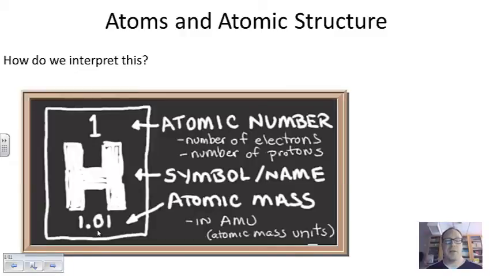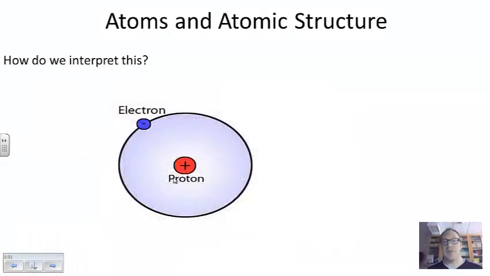Well, this number is really close to 1. So what that means is it probably means there's just 1 proton and 0 neutrons, because 1 plus 0 is 1. And that's what this is. This is 1 proton. There's no neutrons in a typical hydrogen atom, and there's generally 1 electron that's orbiting that 1 proton nucleus in hydrogen atoms.